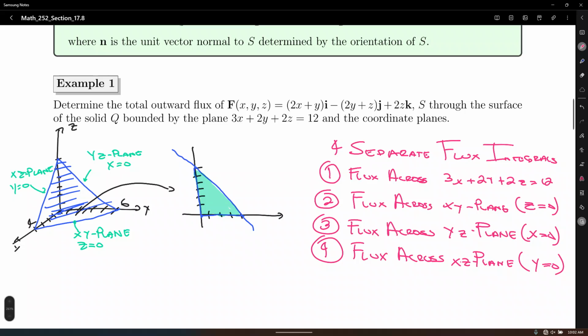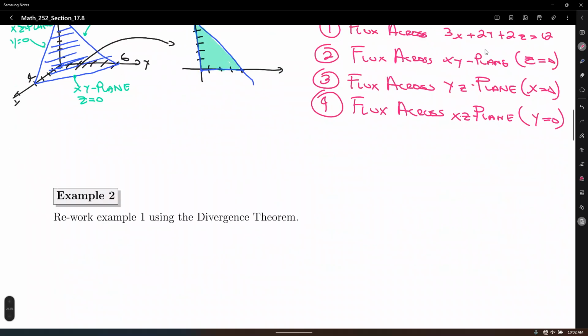Back then we found the total work by the force moving the particle along C equals C1, C2, C3, or as many C's as you have. Here, we're trying to find the total flux, but even setting up every single integral, no, I don't want to do this. So that's why we're going to use the divergence theorem.